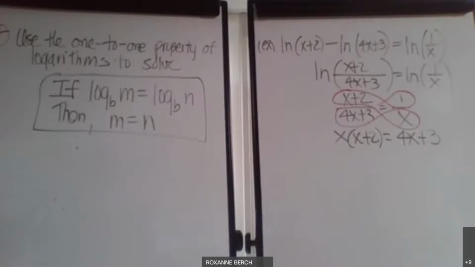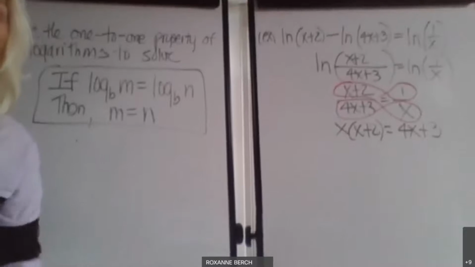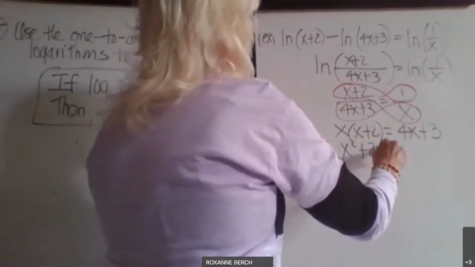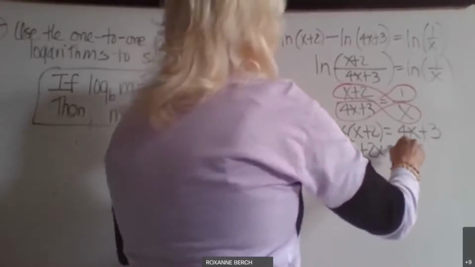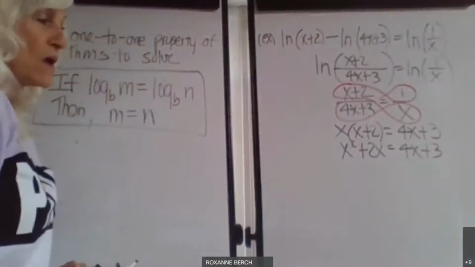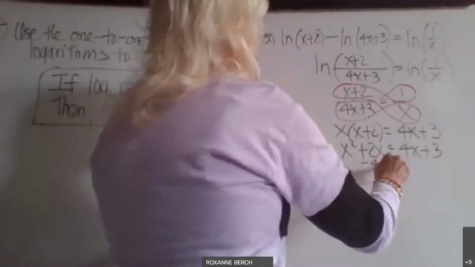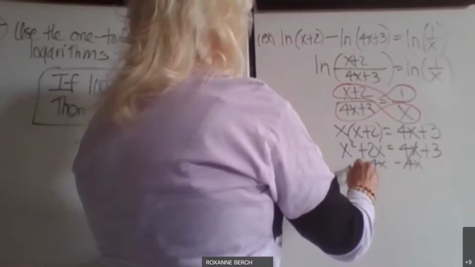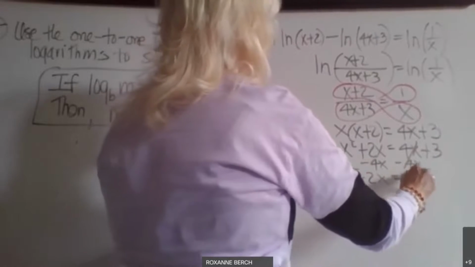We're going to end up with a quadratic, and we're going to have to factor. So here we go. This would be x squared plus 2x when you distribute is equal to 4x plus 3. I'm going to subtract 4x. So this would be x squared minus 2x equals 3.